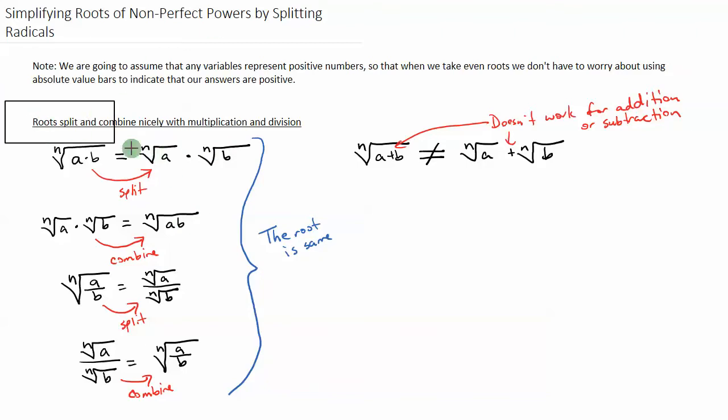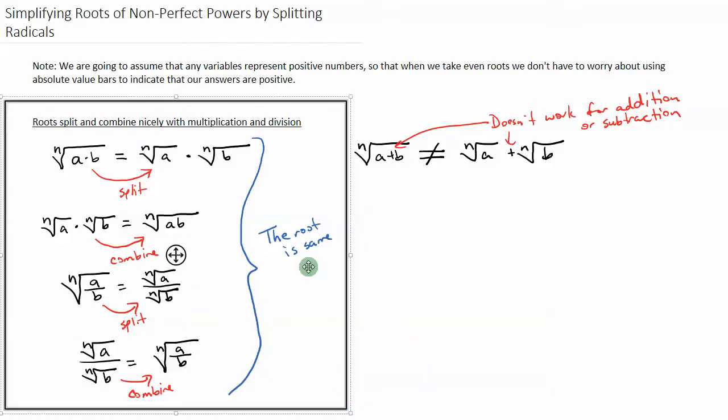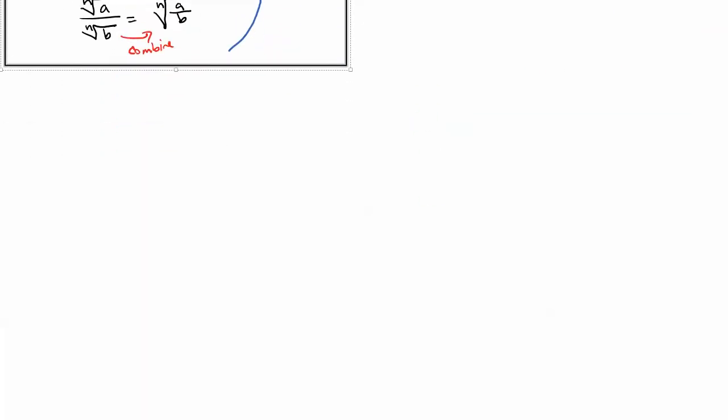So I'm going to put this in a box here just because it's that important, really. That's the property that we'll be using to do the examples throughout this entire video. Now, I mentioned examples. Let's talk about how to do them, and then we'll do some. All right? So now let's get down to the business of how we actually simplify roots of non-perfect powers.